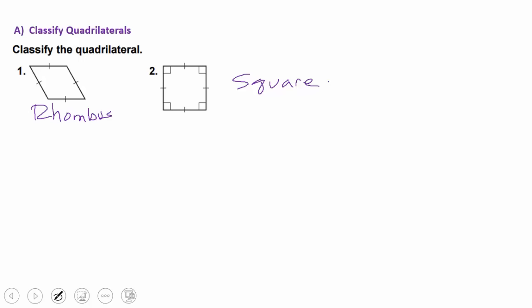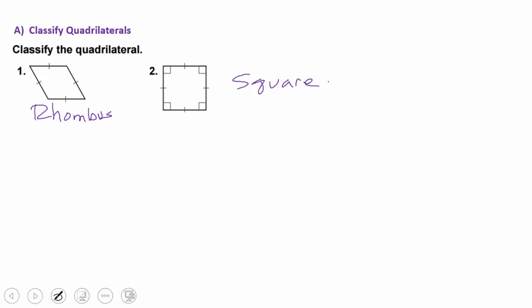And all squares are also rhombus. However, not all rectangles are squares. So all squares are rectangles, but not all rectangles are squares. And all squares are rhombus, but not all rhombus is a square.